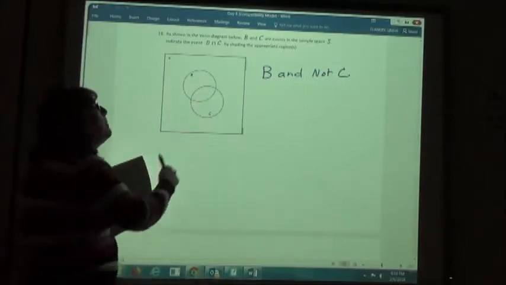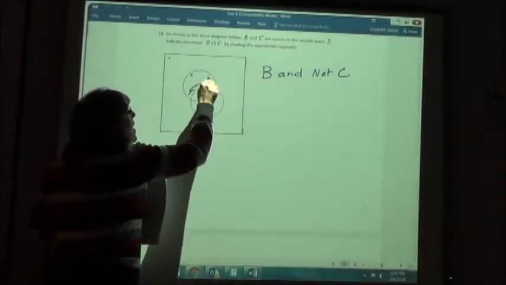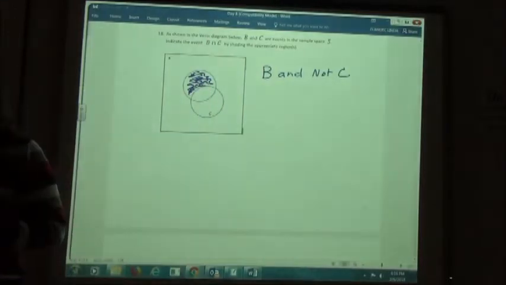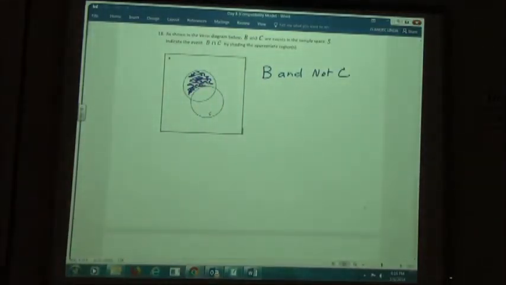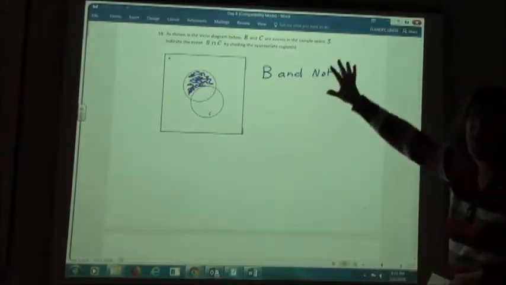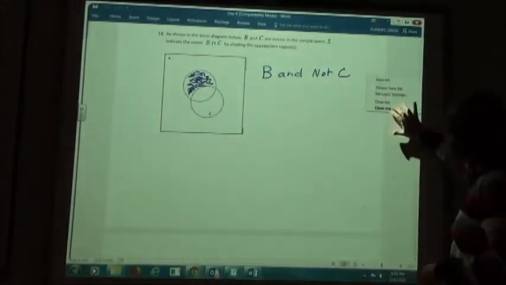So if I'm going to shade B and not C, I am just going to shade this part of my circle for B. If I just shaded B, I'd shade that whole circle, but I want to not shade the C part of that circle. So they'll do some shorter ones, and then once you get used to all that weird stuff, you'll get some longer ones.